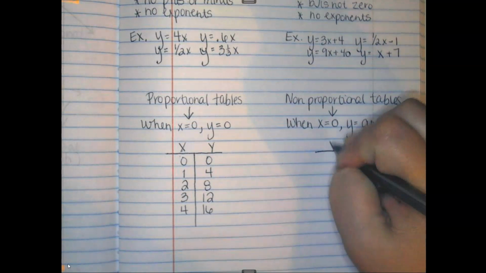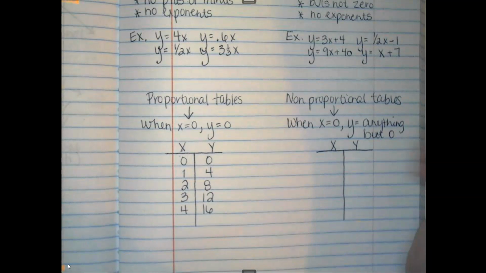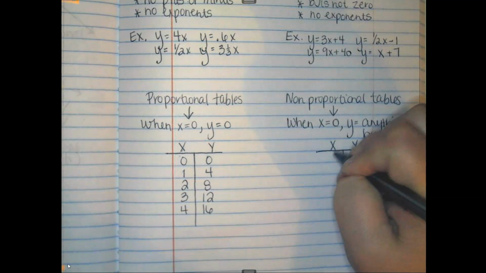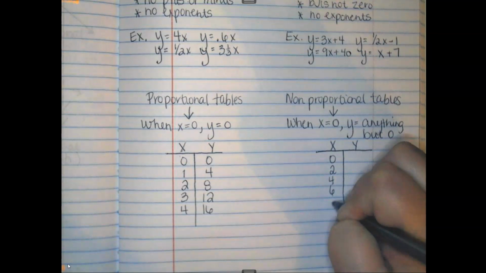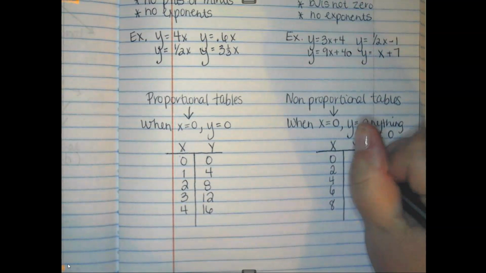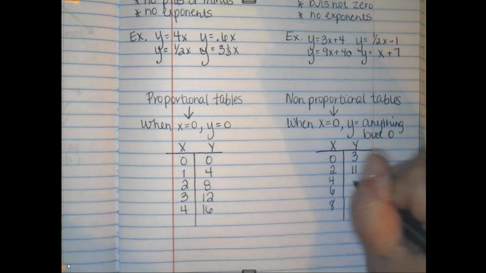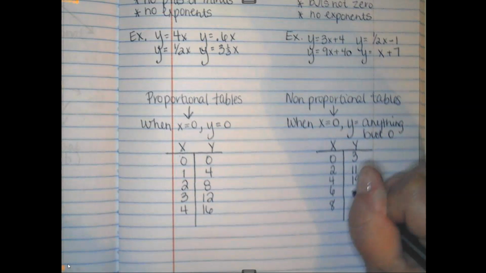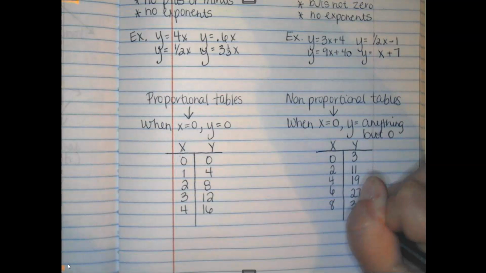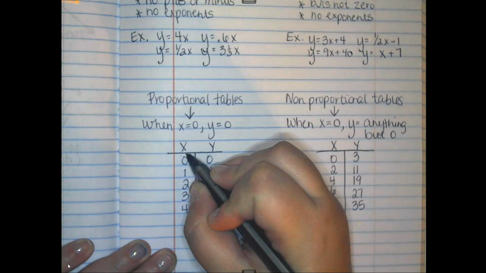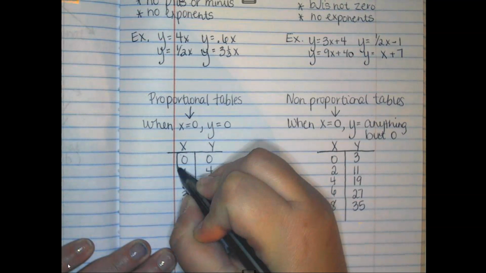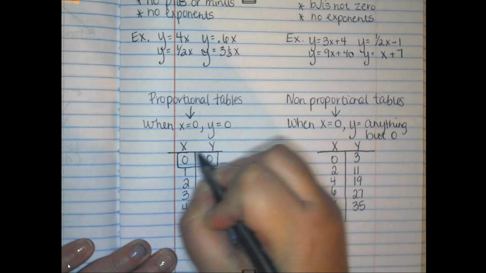And then this side, X and Y, we're going to go by 2's on the X, so 0, 2, 4, 6, 8. And this side's going to be 3, 11, 19, 27, 35. Alright, so when X is 0, I'm going to be looking at the Y value.